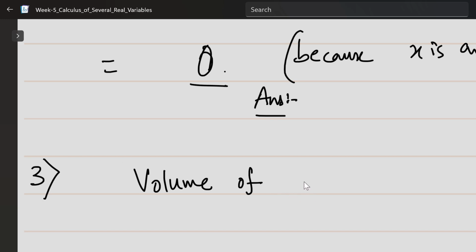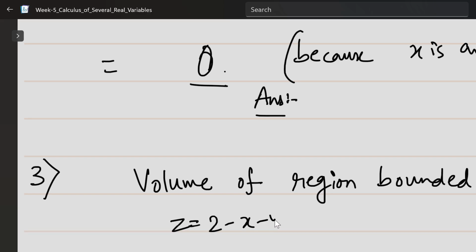Question number 3 is the volume of the region bounded above by z equal to 2 minus x minus y and below by the region where x lies from 0 to 1 and y also lies from 0 to 1.